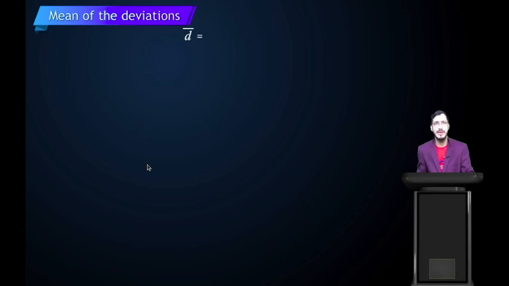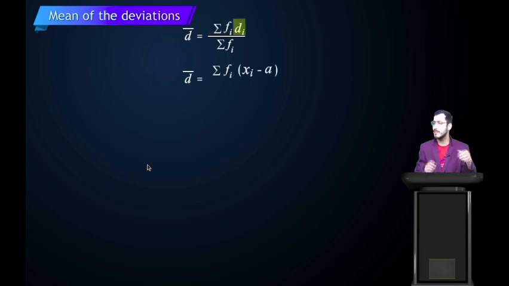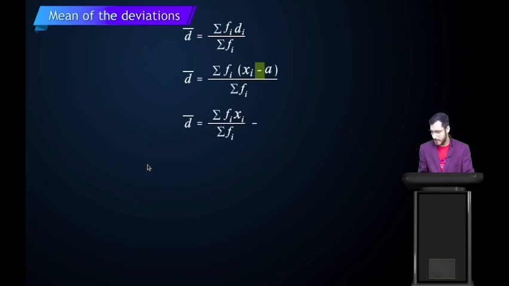The mean of deviations, that is d bar, is sigma f d by sigma f. Now d is xi minus a, so we substitute the value of d here: sigma f (xi minus a) upon sigma f. Then multiply out: sigma fi xi minus sigma fi into a, and divided by sigma f.